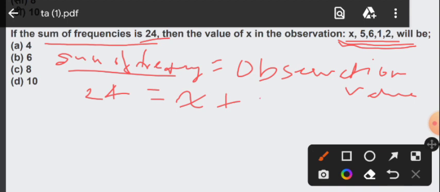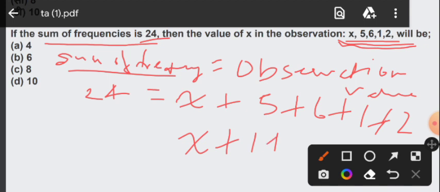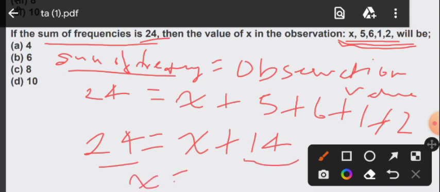So x plus 5 plus 6 plus 1 plus 2. When we add it, it will come 5 6 11, 11 1 12, 12 2 14, x plus 14, right? So we will subtract it from 24. When we subtract 14 from 24, then x will come as 10. So option D is the right answer.